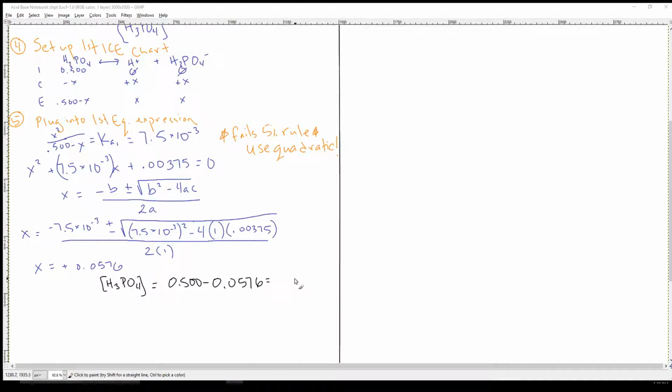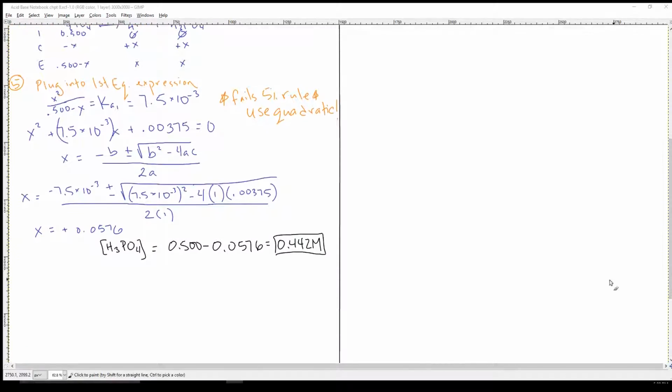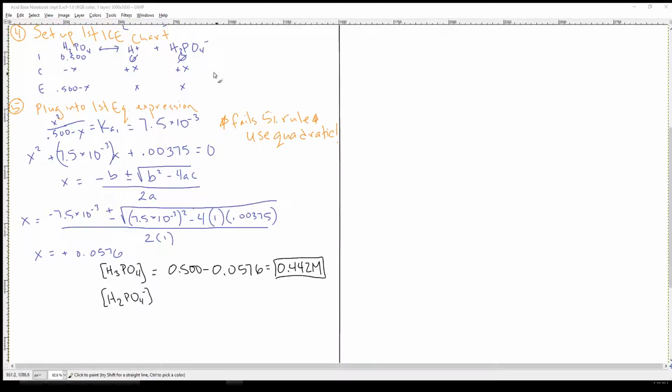You'll end up with 0.442 molarity. We will also find the H2PO4 minus. Looking up at our ice chart, H2PO4 minus is simply x. I'll box that. That's an answer.